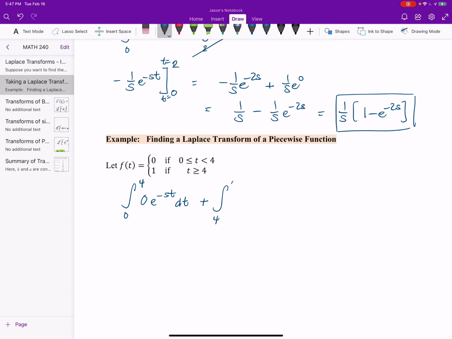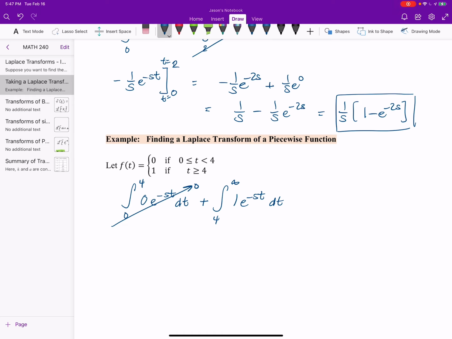And then we go from 4 to infinity of 1 times e to the negative st dt. And again, we're integrating e to the negative st. Since I want the exponential to drive down to 0 as t goes to infinity, I'm going to say right now that s needs to be positive. That's going to guarantee that the integral converges.